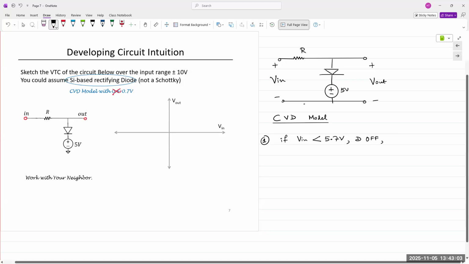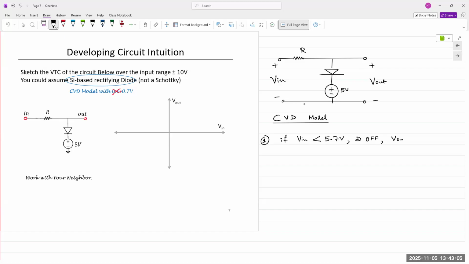And if the diode is off, then V out is equal to V in, right? So we'd have something like this. It should be symmetrical, and so up to here.